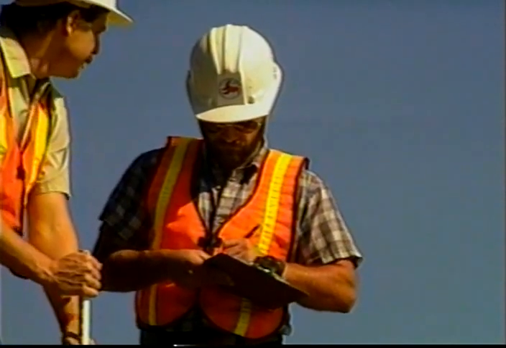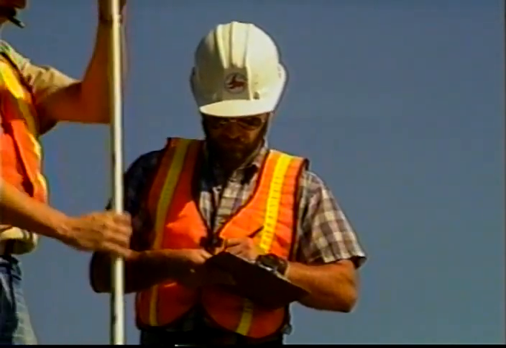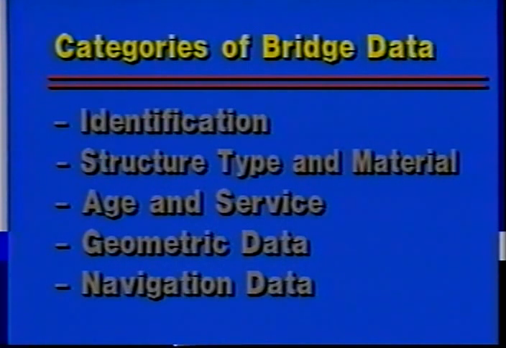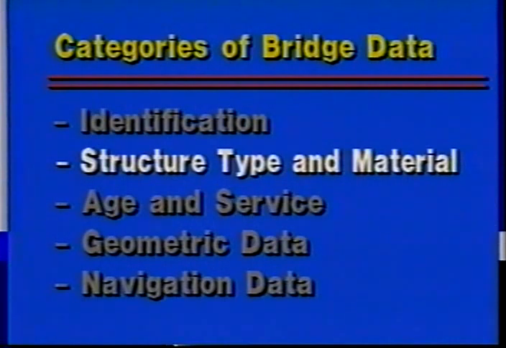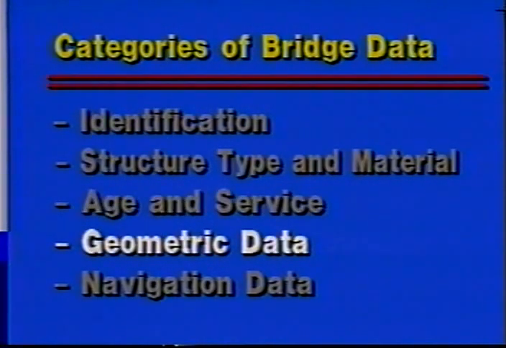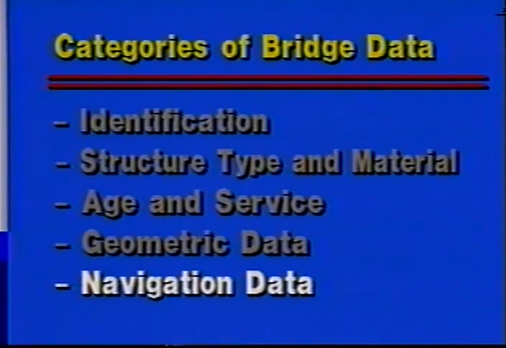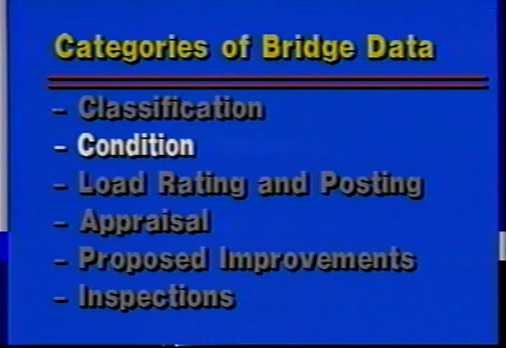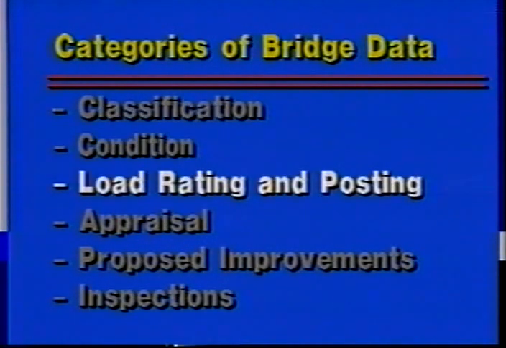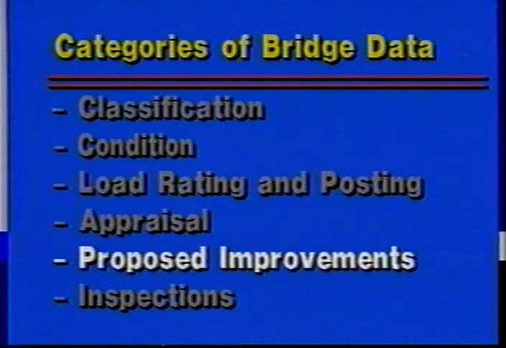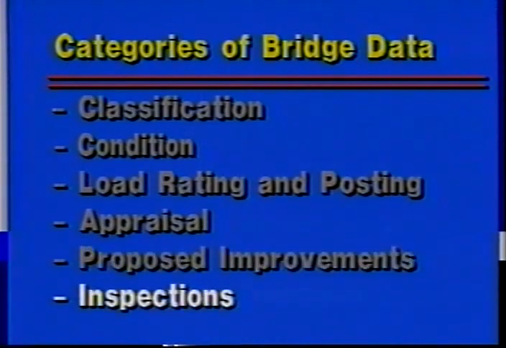About 116 items of data are recorded. Categories of data include identification, structure type and material, age and service, geometric data, navigation data, classification, condition, load rating and posting, appraisal, proposed improvements, and inspections.